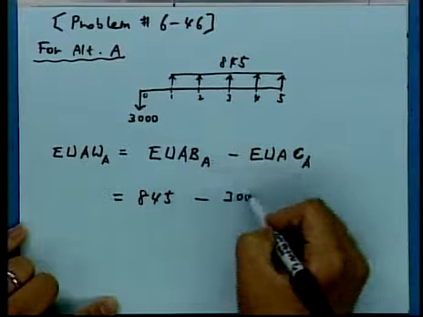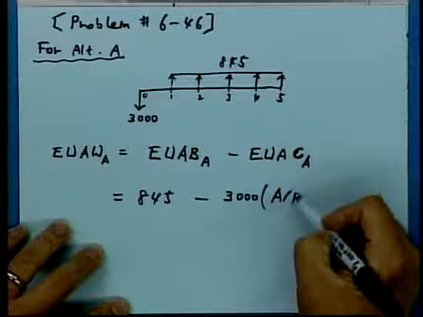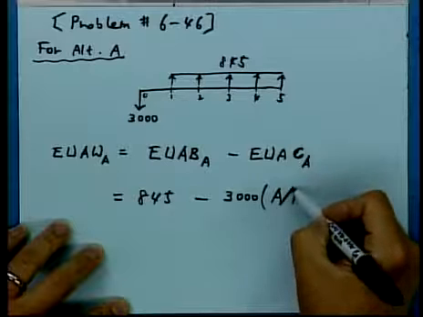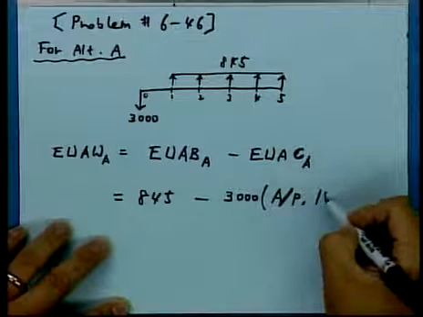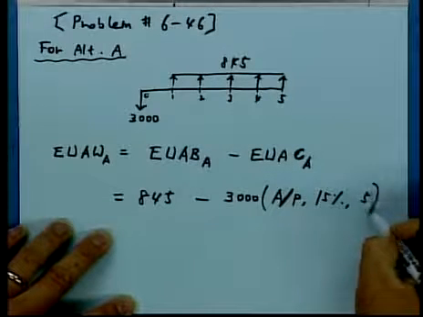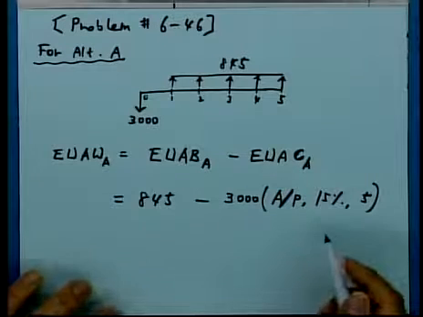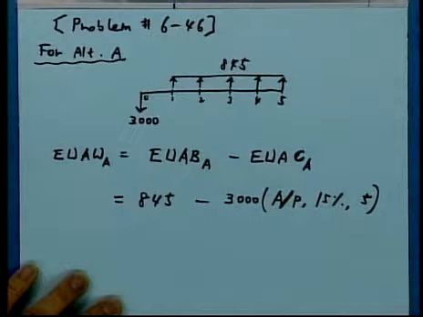So 3,000 times A given P, 15% over 5 periods. However, here we have to use the continuous compounding capital recovery factor.